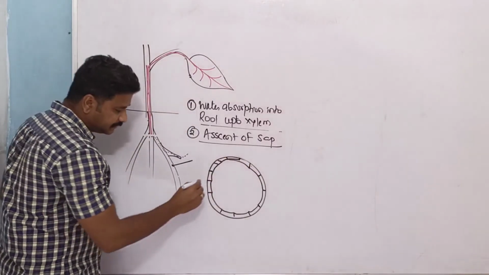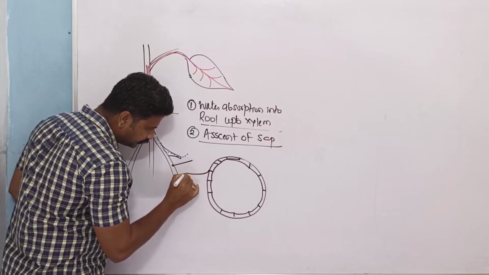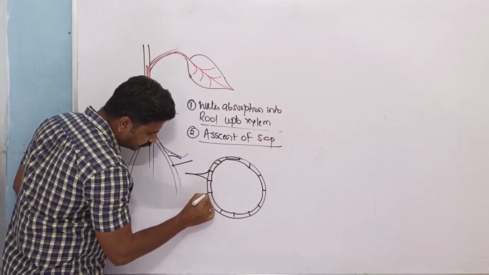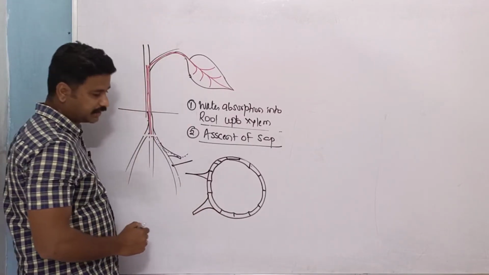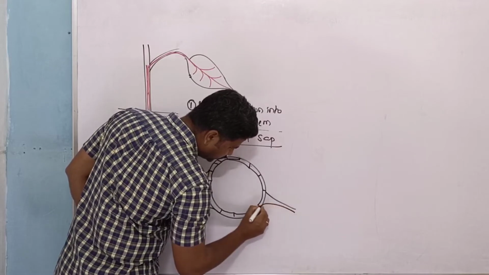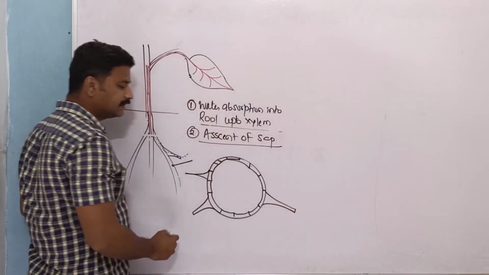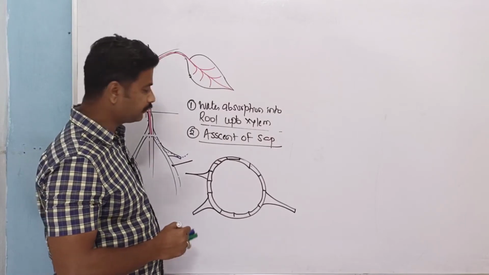Clear? And the epidermal cells will give rise to a unicellular outgrowth which are called as root hairs. So these are the structures which are the root hairs. They are the unicellular and most numerous structures. And these root hairs will actually help the plant in absorption of water.